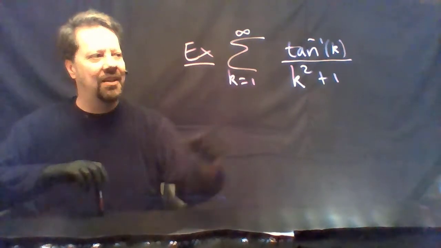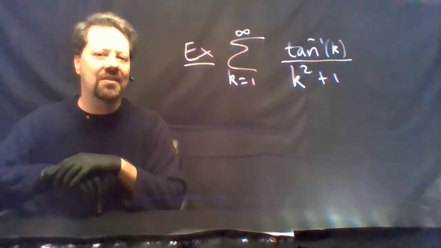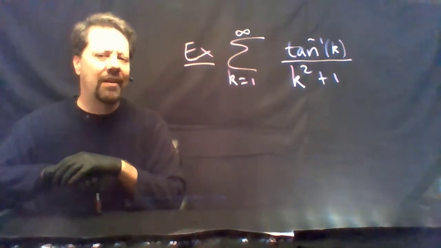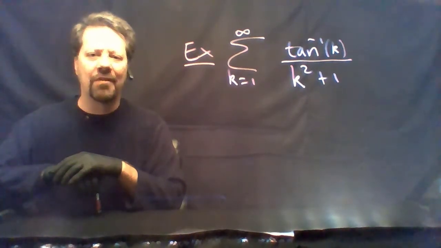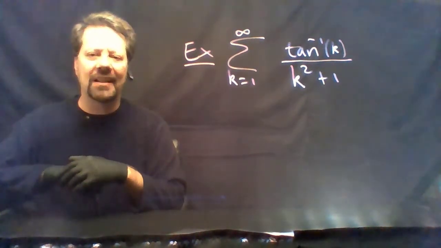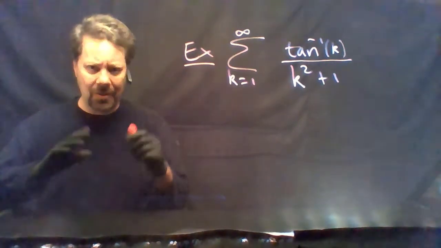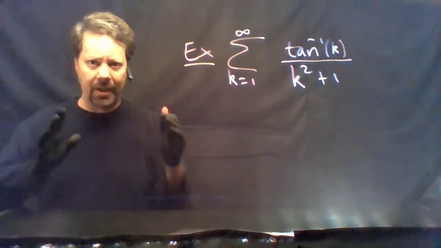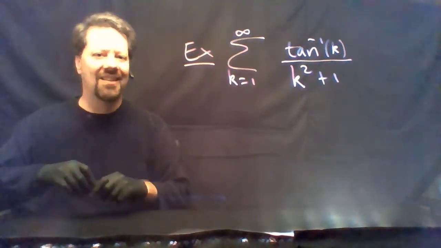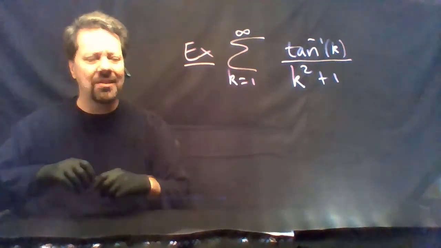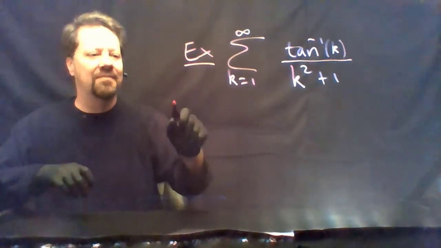It looks like if you could replace k by x, isn't the derivative of inverse tangent equal to 1 over x squared plus 1? It looks like we have the derivative of something lying around. It looks like this is begging for us to use the u substitution method on an integral. In other words, it looks like we should use the integral test.